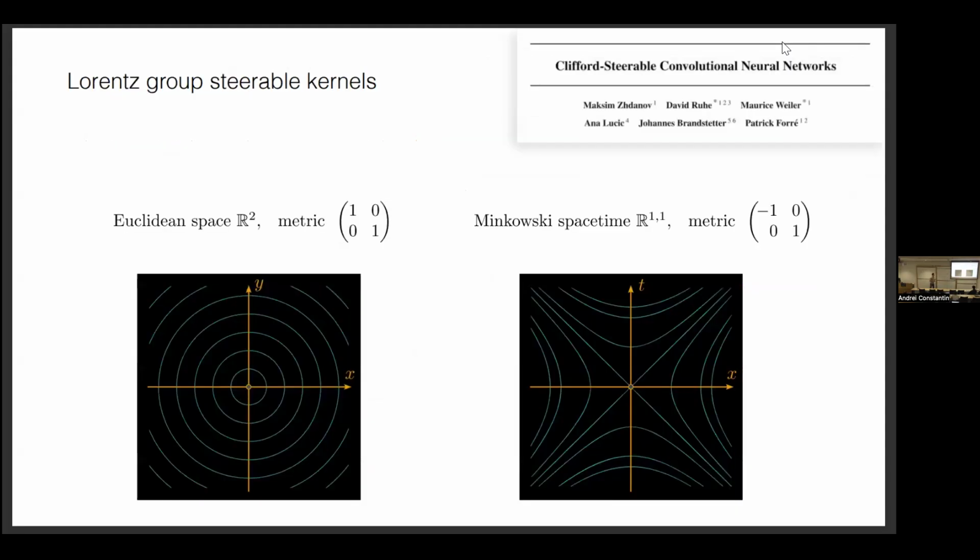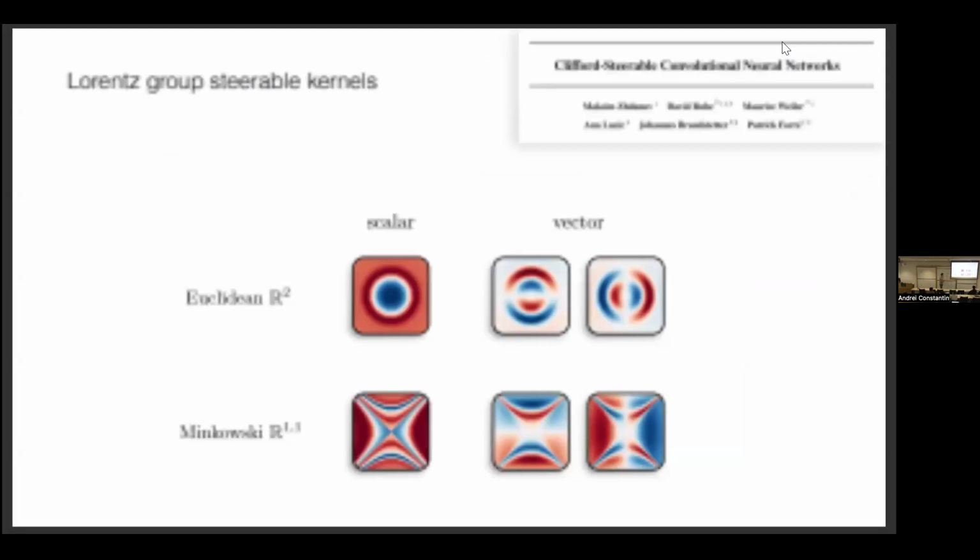All right, last example are Lorentz group steerable kernels. The difference here is, as you know, that in Euclidean space, you have this Euclidean metric where your orbits of constant distance from the origin are circles or spheres. And in Minkowski space, you have these hyperboloids. And then you get very similar solutions.